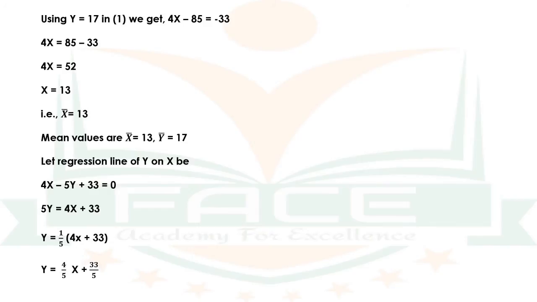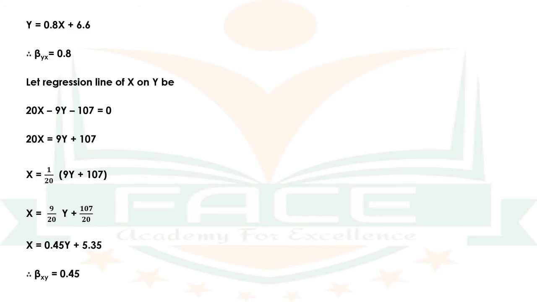When we change it to the standard form, it becomes y is equal to 4 by 5 x plus 33 divided by 5, and that is y is equal to 0.8x plus 6.6, that is beta yx is equal to 0.8.